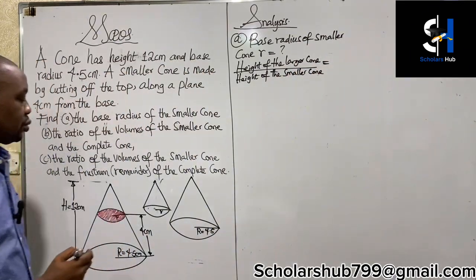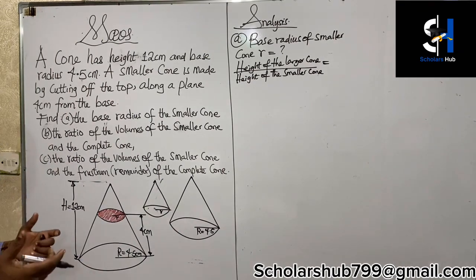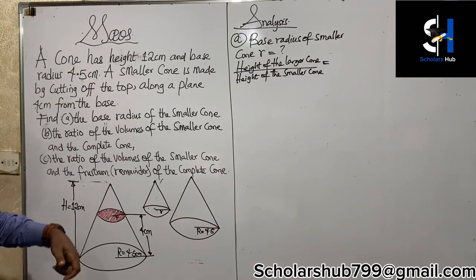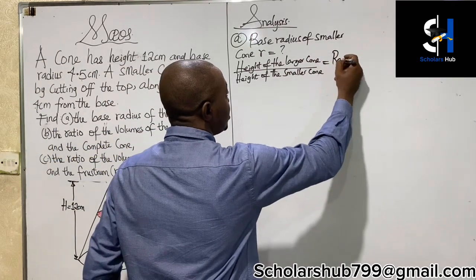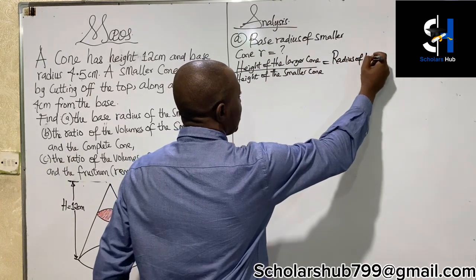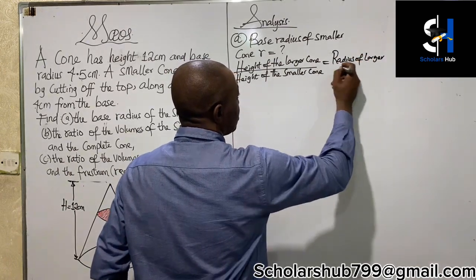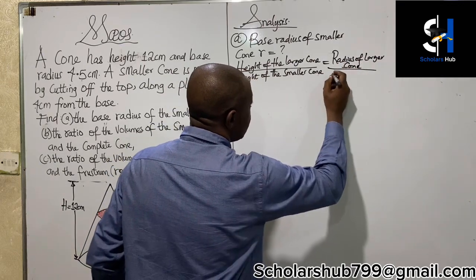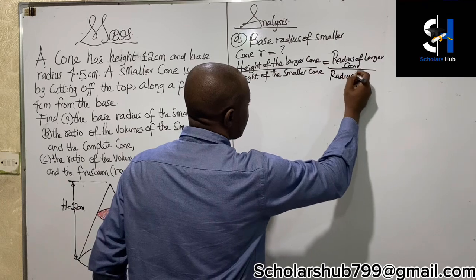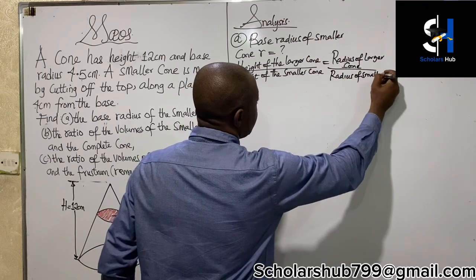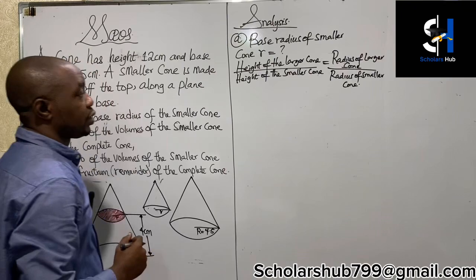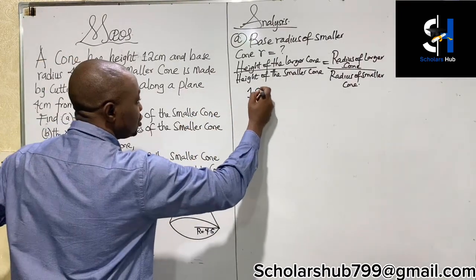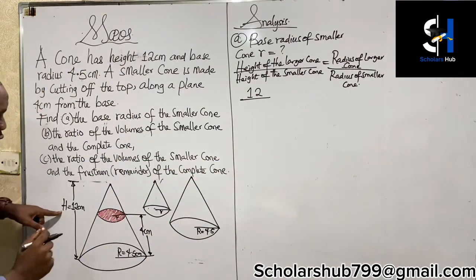is equal to the ratio of the radius of the larger cone to the radius of the smaller cone. The height of the larger cone is 12 centimeters, so that will be 12 over the height of the smaller cone.